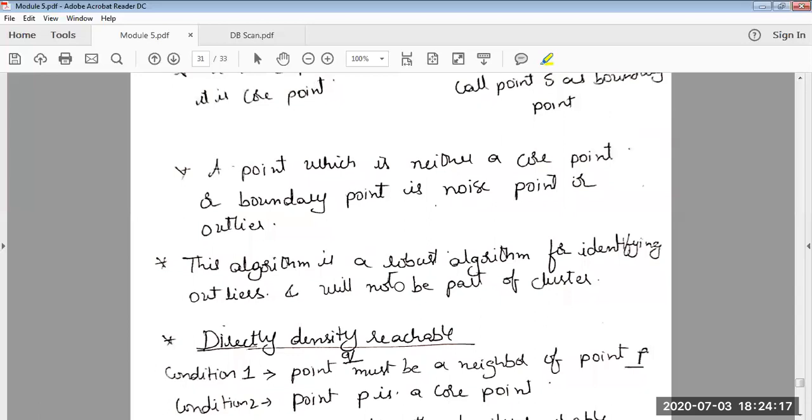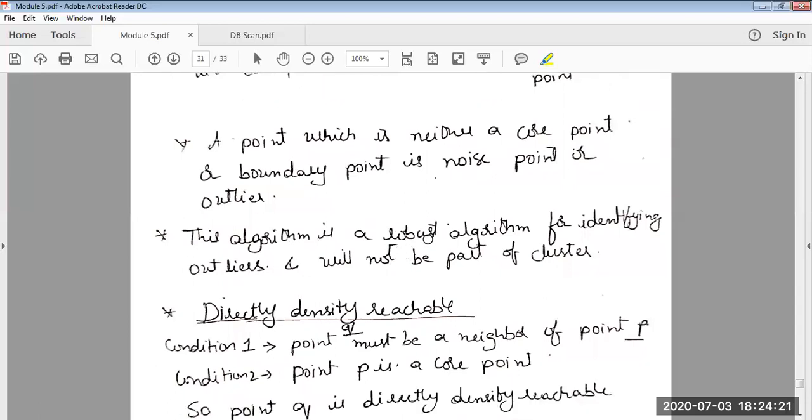Now, what is the major feature of this algorithm? It's a very robust algorithm for identifying noise. I have a data set with a huge collection of data points or records. My fundamental objective is to identify noise in the data, outliers which may not be part of the cluster.